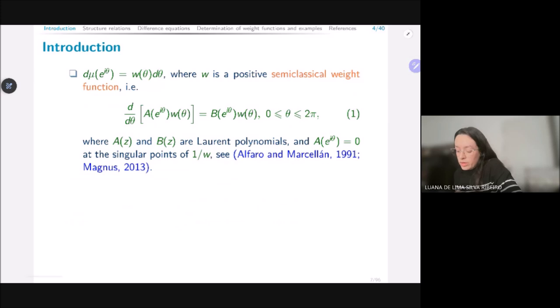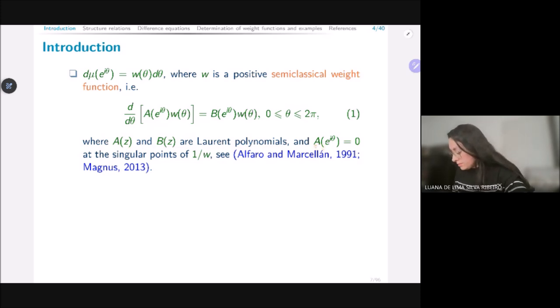In this work, we are interested in orthogonal polynomials that are associated with semi-classical wave functions. So we are going to consider a measure like this. Here we have W, the wave function, and W is a positive semi-classical wave function if it satisfies this first order difference equation, where A and B are Laurent polynomials.